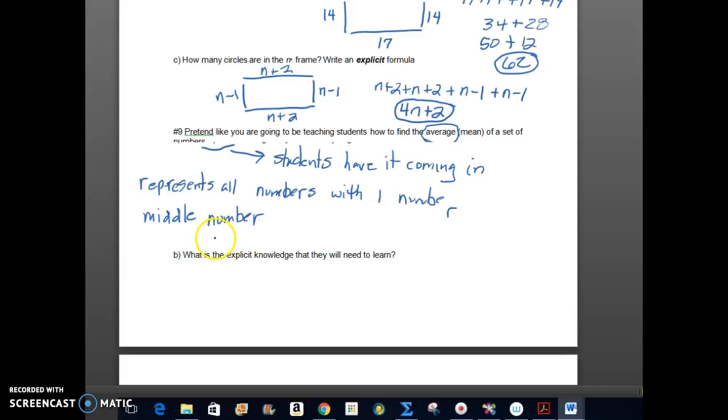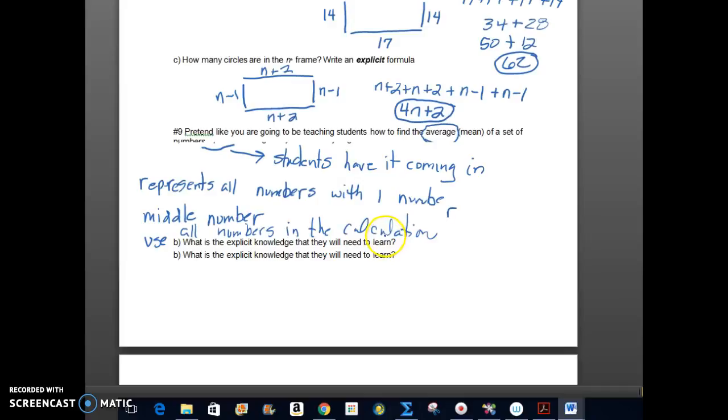Because the average is going to be in between the highest and the lowest. So they might think of it as being the middle number. If they play baseball, they're going to realize their batting average is going to use all numbers in the calculation. Right, so they're going to have different ideas about what average is. All these things are true, okay?